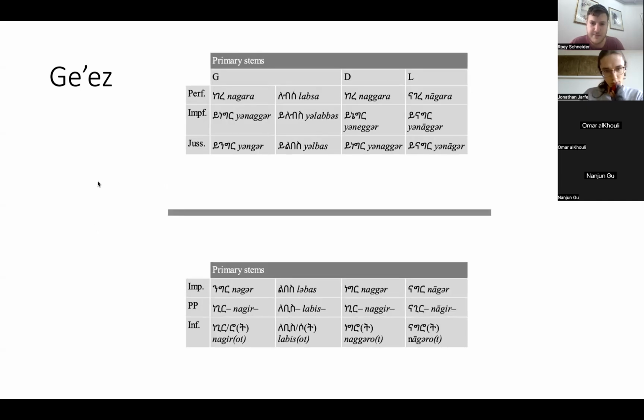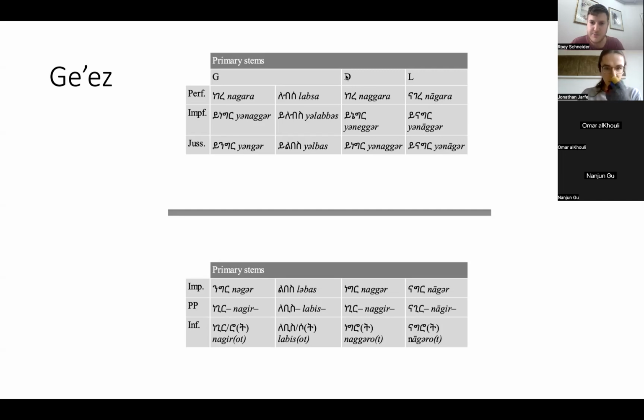These are the stems that I have already explained. You can see that the L stem is no problem because they just add an a, and they can do that in all of the forms.